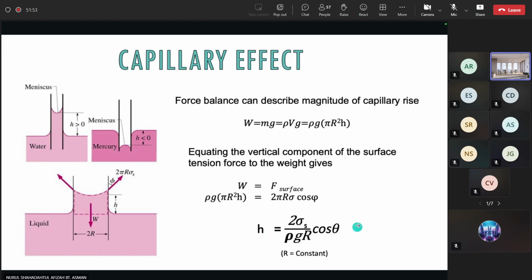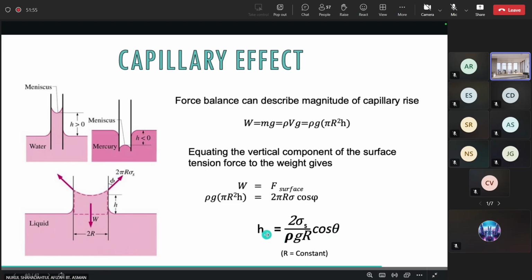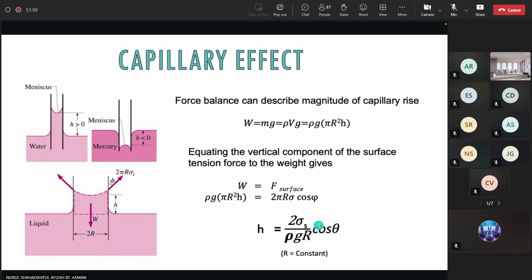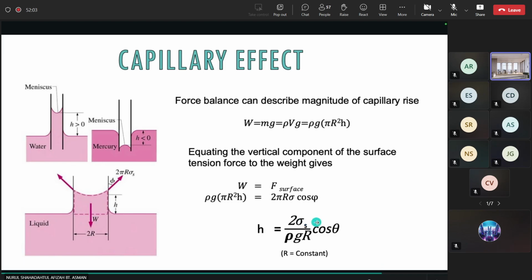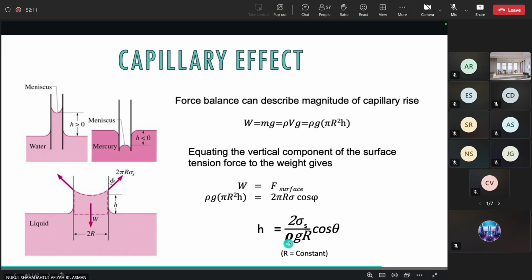So you can calculate how to find the rise. This is the formula. This is the contact angle, over density times gravity times r.